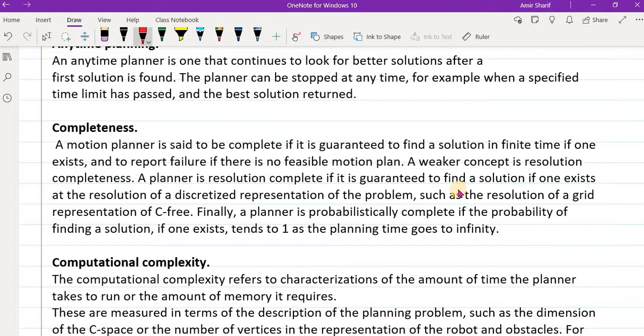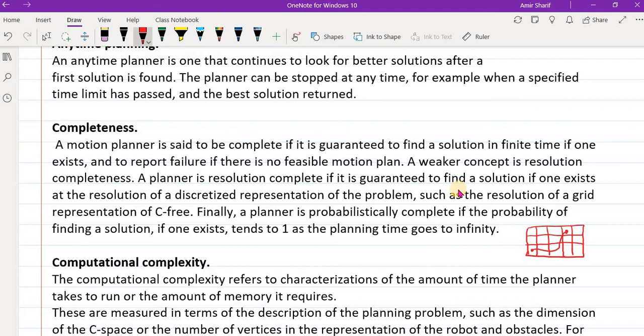Sometimes this property is related to the resolution of the problem you're going to solve. Normally, for path planning, we divide our C-space into grid cells, and then we try to find a path from the start position to the goal position.